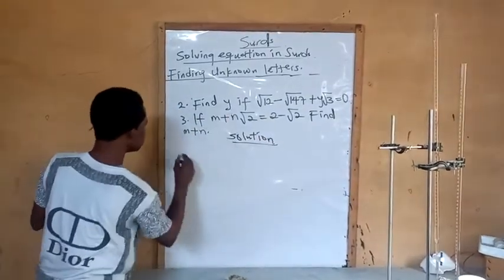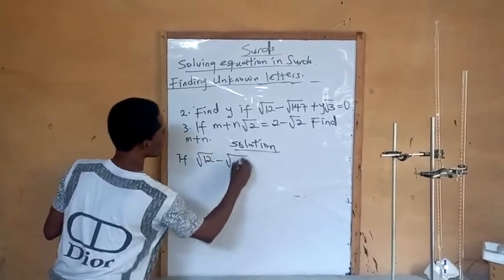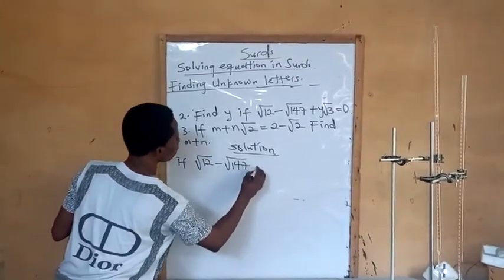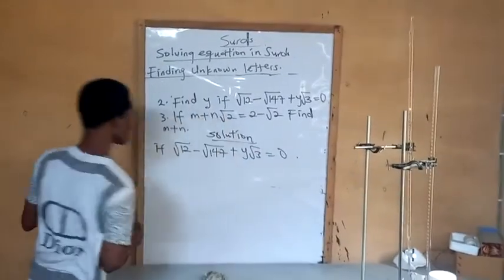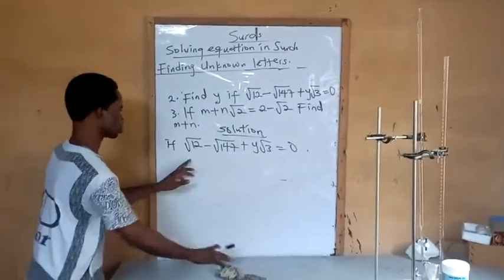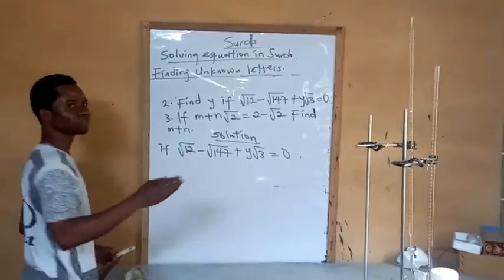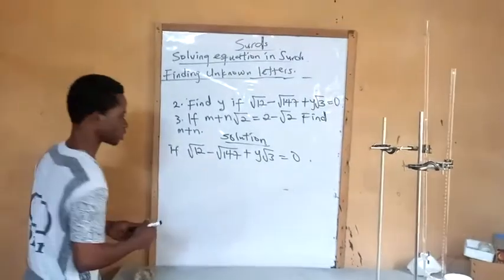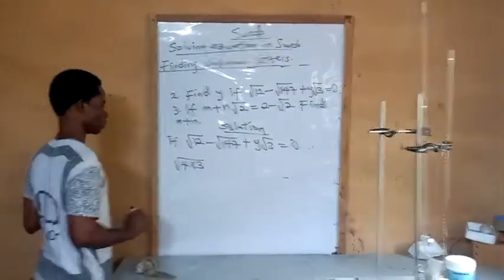Now, let's look at this too. They say find y if root 12 minus root 147 plus y root 3 equals to 0. Now, this root 12 is a surd. We have to break it down. How do we break it down? Just say 4 times 3.